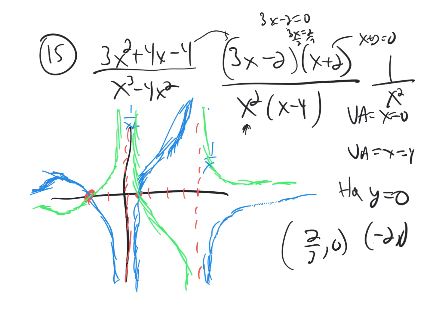Let's plug in 1 because 1's a nice easy number to substitute in. Now I could go back to the original, but I've got it all factored out right here. What if I substitute in 1? And all we really have to worry about is whether it's positive or negative, right? Because if positive, that means it's the blue graph. If it's negative, it's the green graph.